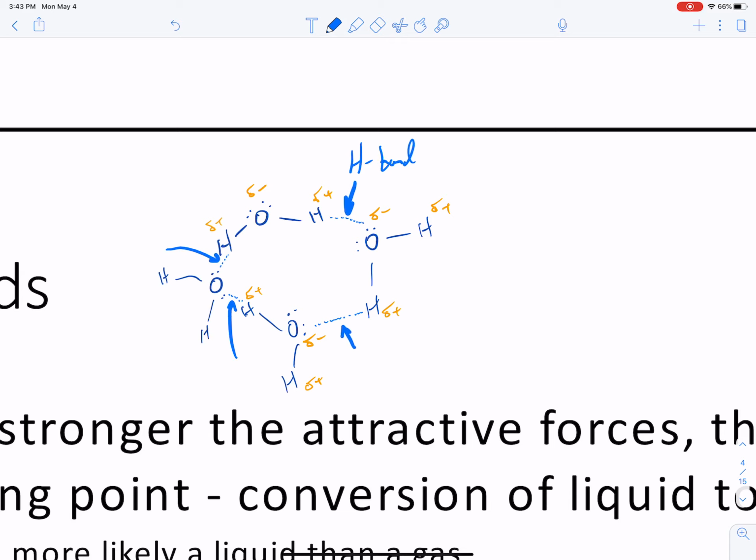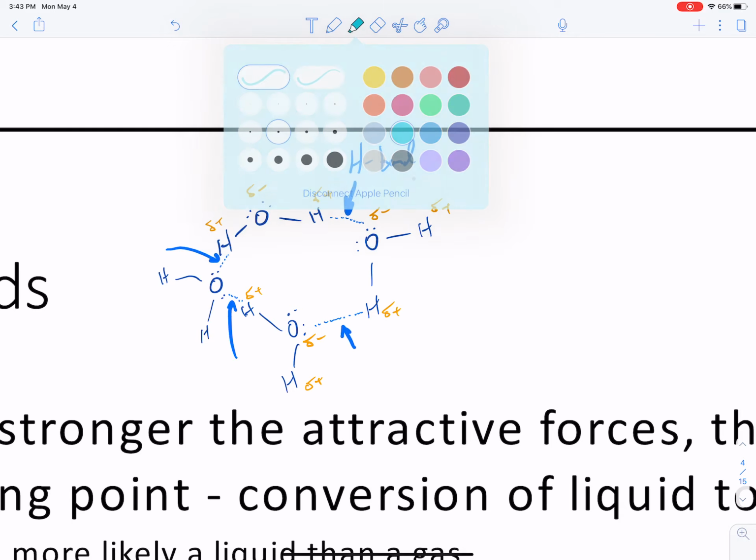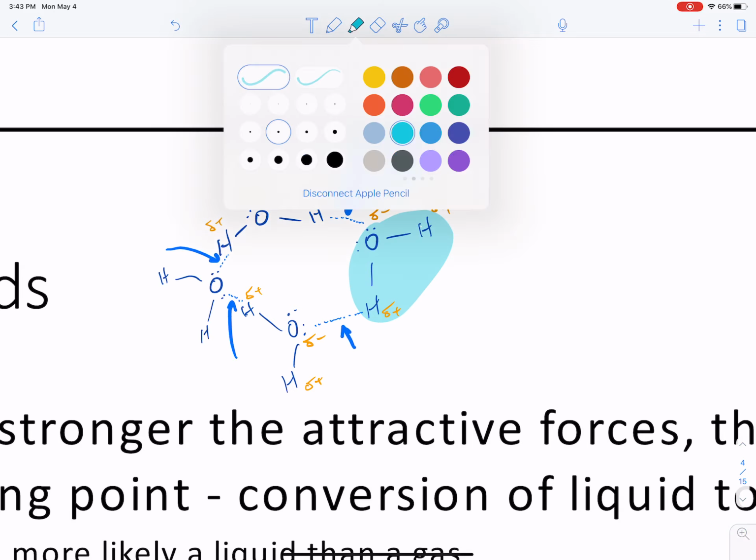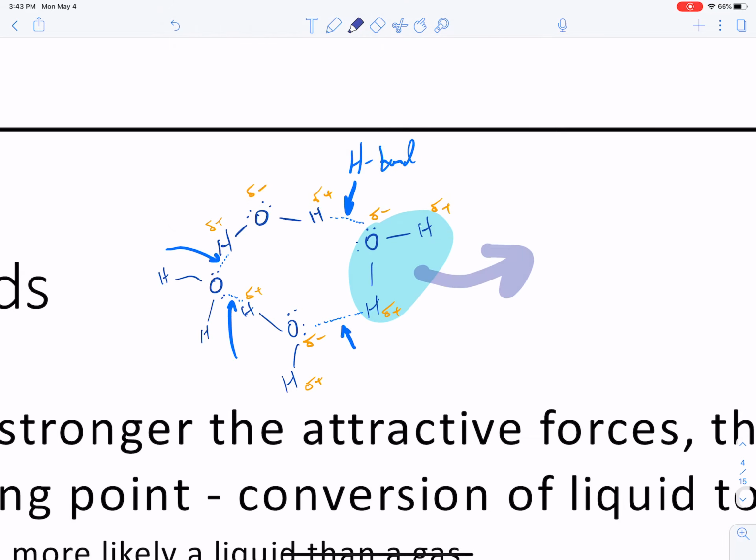What this results in is, if I want to take this one little water molecule right here and pull it, remove it from the system, I have to break this bond and I have to break this bond. It becomes more difficult to remove that water molecule from the system because you're having to break hydrogen bonds.